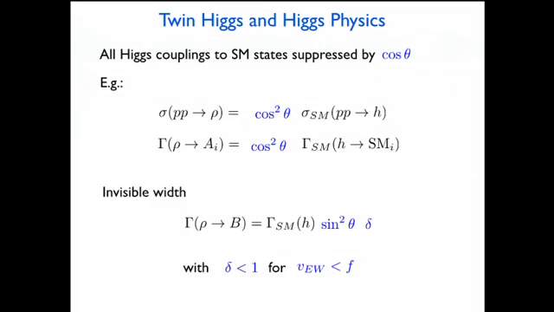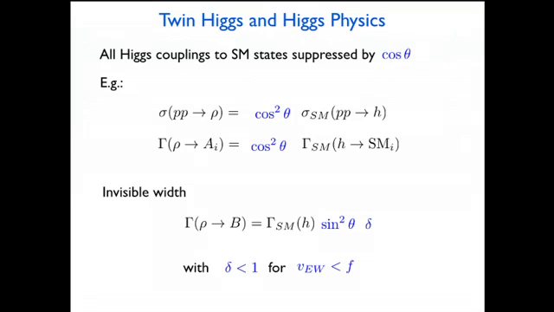And then the invisible width will go like the sine squared of this angle times the standard model width in equivalent states times some kinematic factor delta, which is less than 1 when essentially the masses of the B sector are heavier than our masses. So you need this kinematic factor to account for the invisible width.